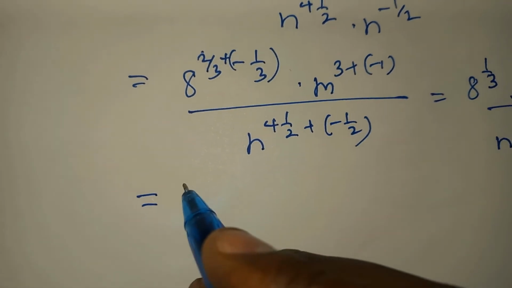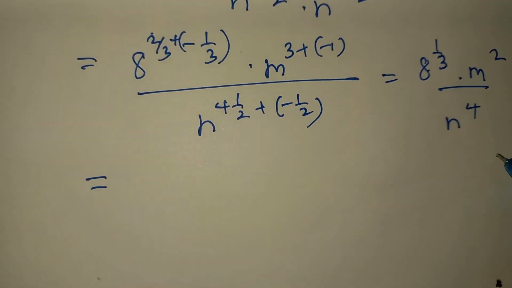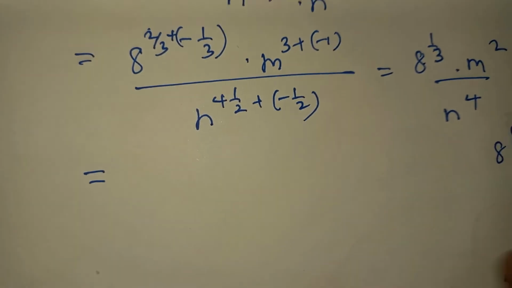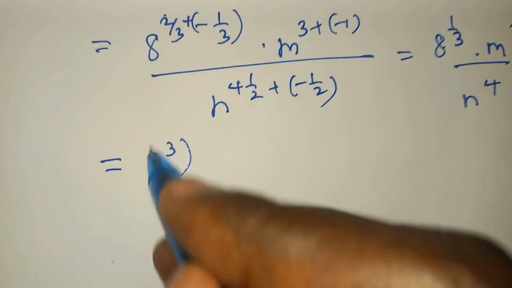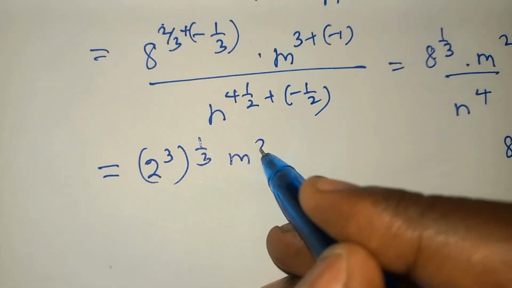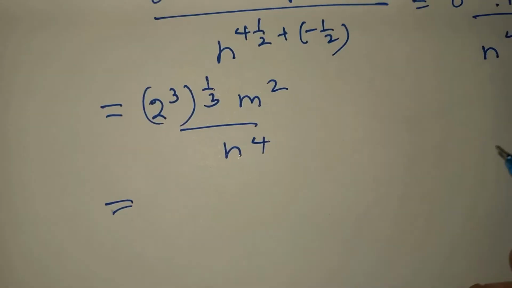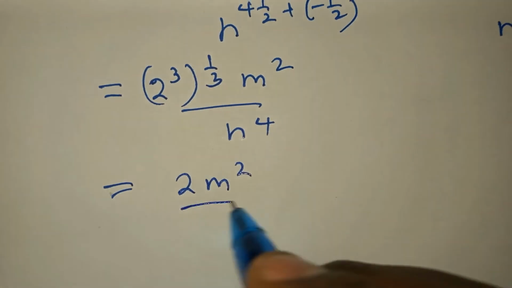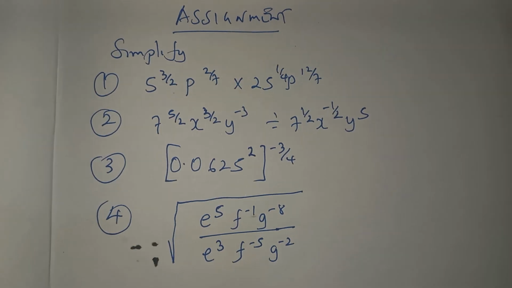And 8 raised to the power 1/3, if you wish, you can write that as the cube root of 8, which is 2, or you could write 8 as 2 cubed raised to the power 1/3. So in both cases, you will end up with 2m squared over n to the power 4 as your solution.